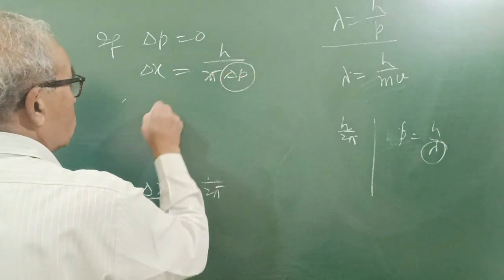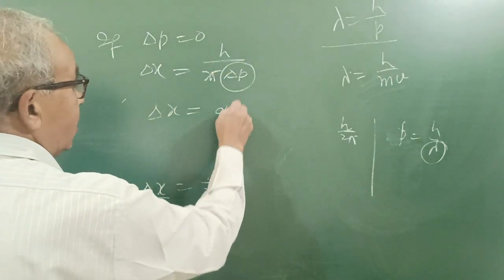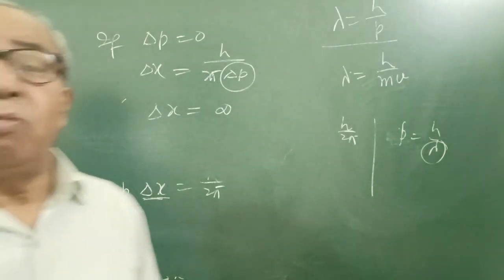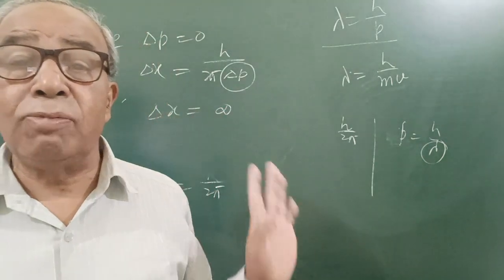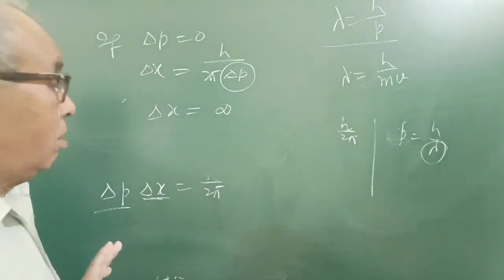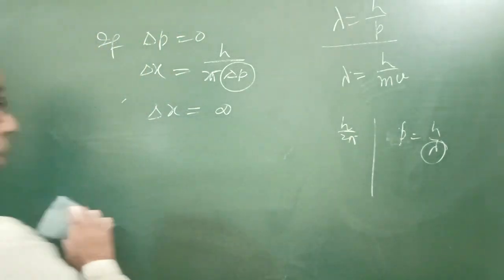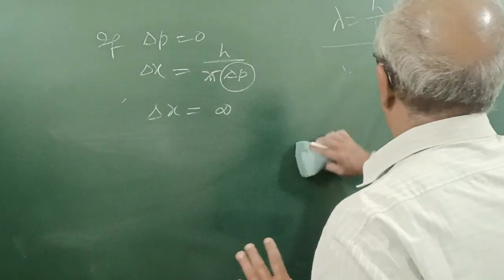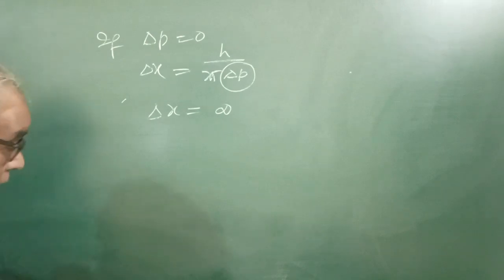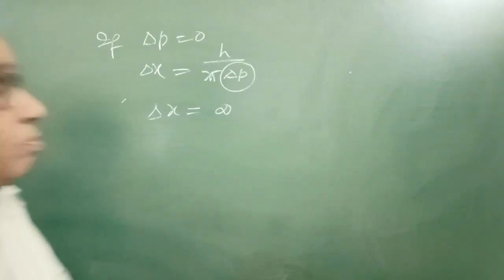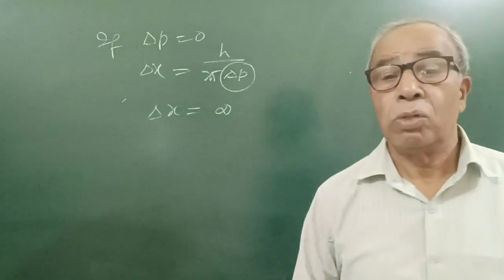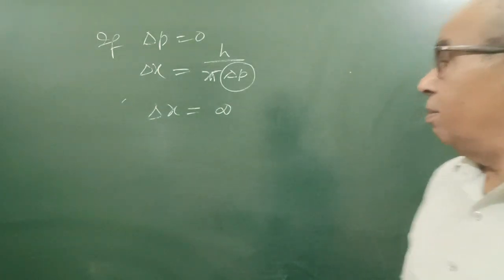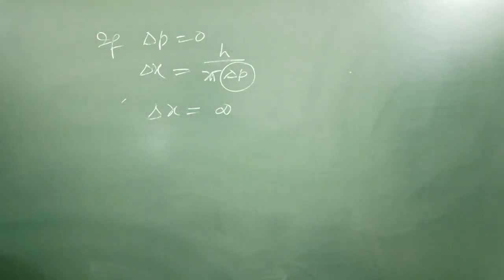If delta P is zero, delta X is infinity. Infinite error means we cannot locate the position of the electron, or the electron is not localized in a given certain region, while the electron is certainly localized. Maybe you might be understanding my problem.